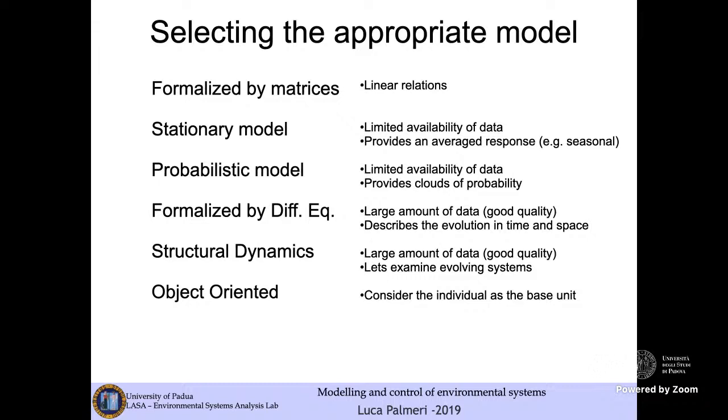But please remember that in this case, you will need a large amount of data with good quality, and you should be able to describe the evolution in time and space of the model. Of course, this is a Cartesian reductionistic detailed description that is formalized by differential equations. I may anticipate immediately that it is almost never the case when you deal with environmental systems.